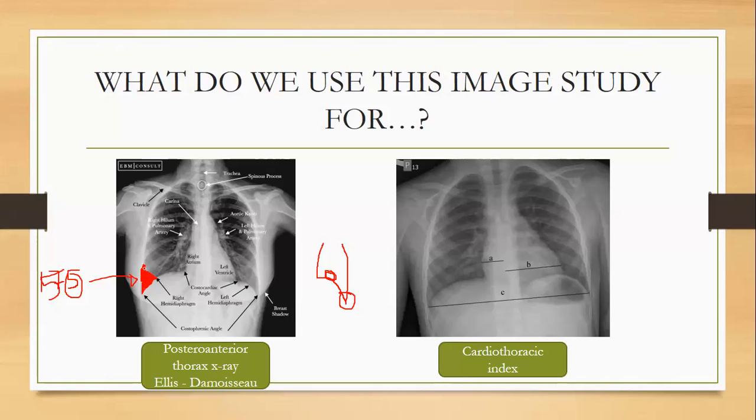And here, if we see this angle erased, we need double. Here we would need 75, and here we would need 150 milliliters of fluid to erase this angle. And this curve here is the Elise Damaso sign, okay? Can anybody tell me what the cardiothoracic index is?